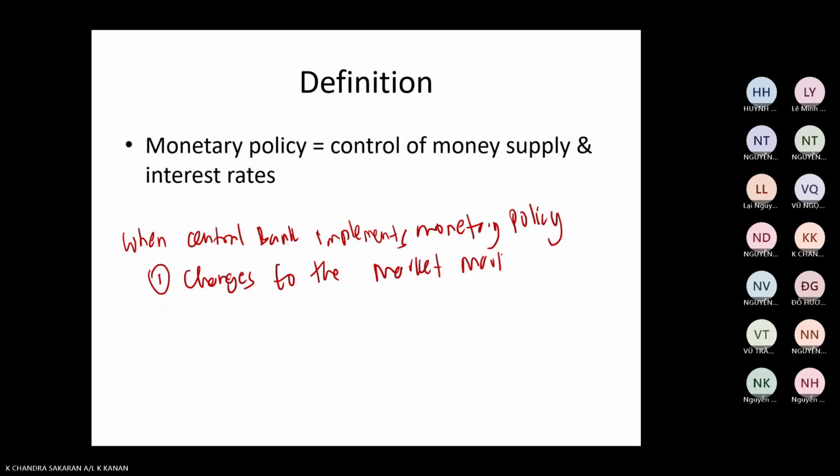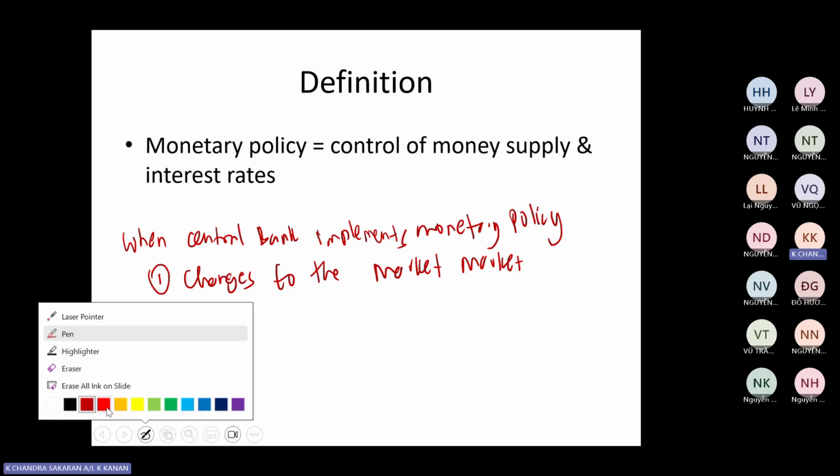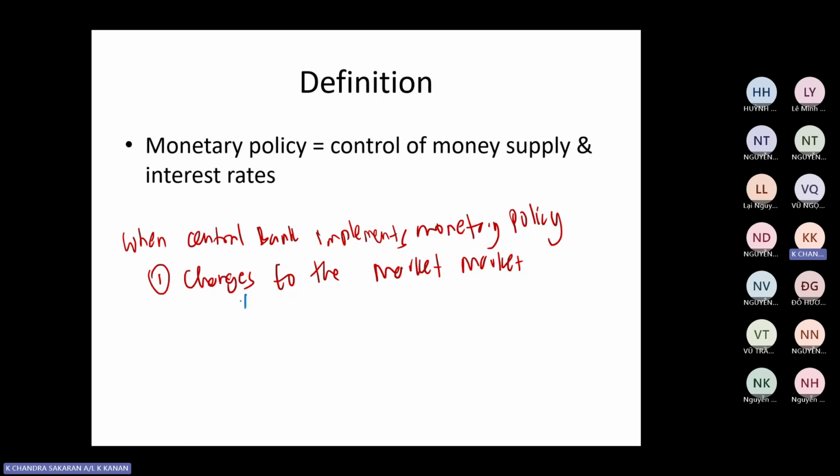What do we have in the money market? In a market, you have demand and supply. In the money market, you have money demand, which is the liquidity preference, why people hold money, and the money supply. So this central bank policy will make changes to the money supply, will control money supply.